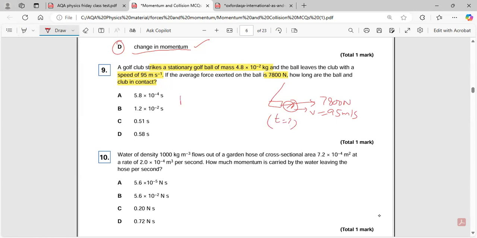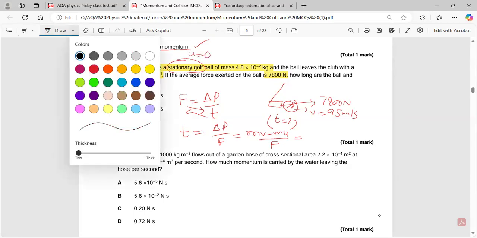So that's very easy. We know that force is change in momentum over time. So you interchange time and force. So time is change in momentum by force. Change in momentum is mv minus mu over force. And now, as the ball was at rest, they said the stationary ball, so it means initial velocity is 0.